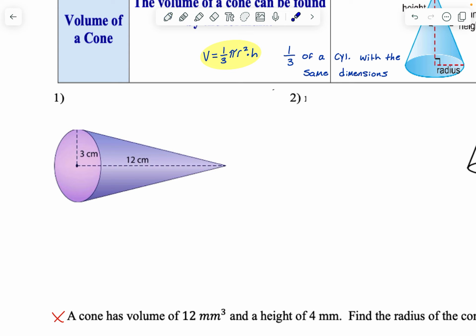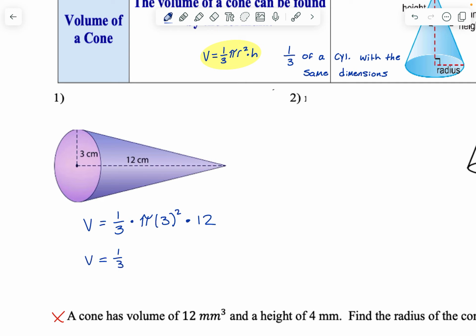Now, just like cylinders, we only need two things: radius, height. Volume is equal to 1/3 times area of the base, pi r squared. Radius is 3, pi times 3 squared times the height, from the base to the vertex and perpendicular. That's our height, 12. 1/3 times pi r squared.